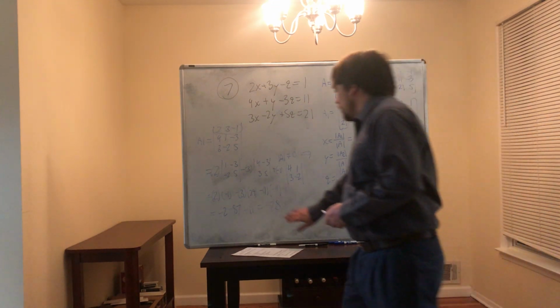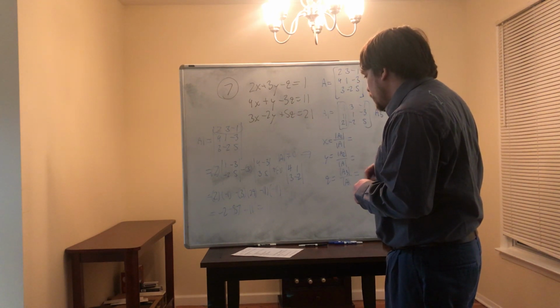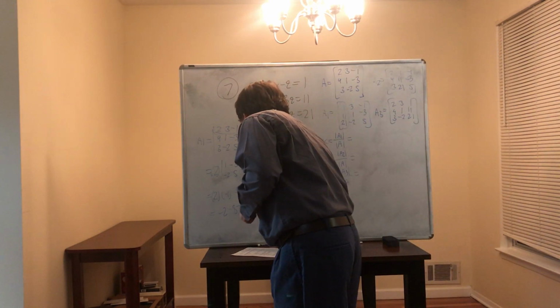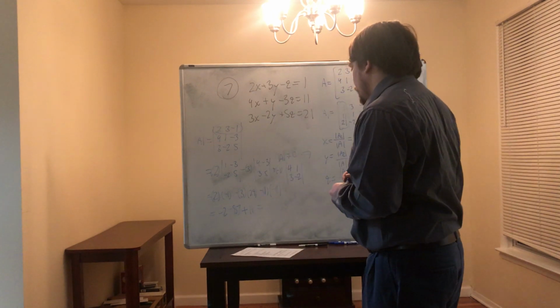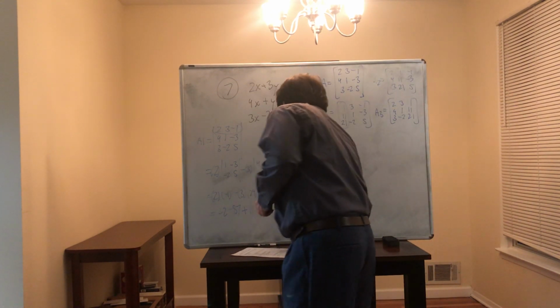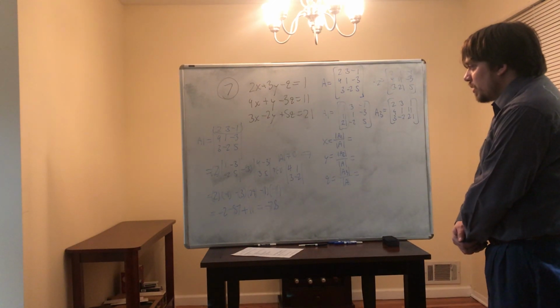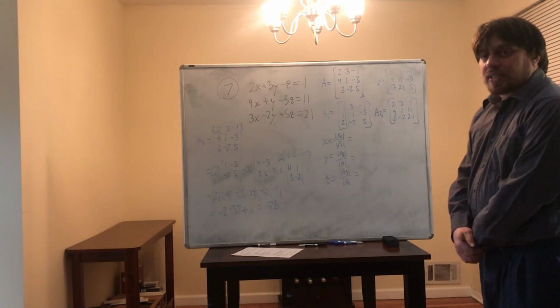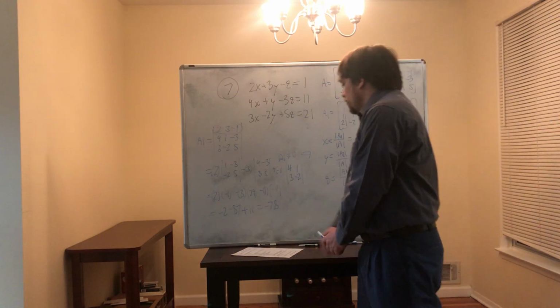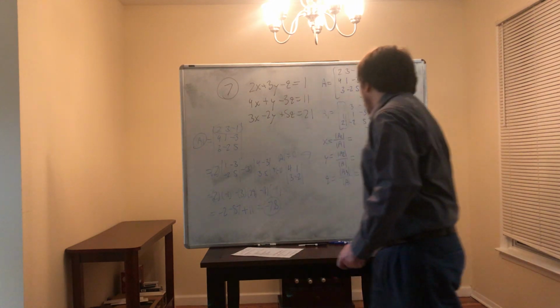Wait, no, sorry. These are all negatives here. It's negative 2 minus 87 plus 11, which is minus 89 plus 11, which is minus 78. Okay, so the determinant of A is negative 78.